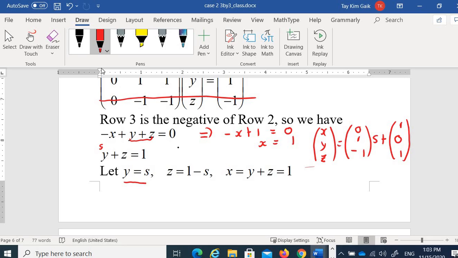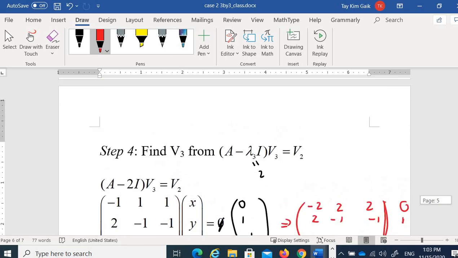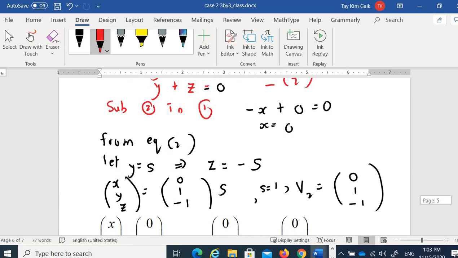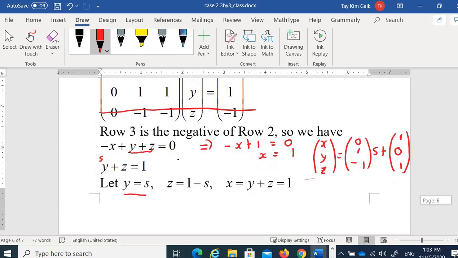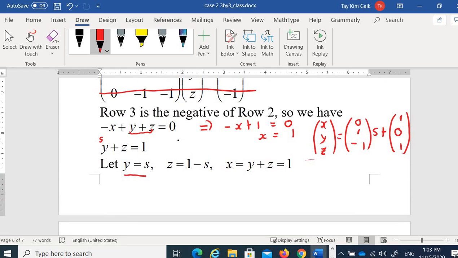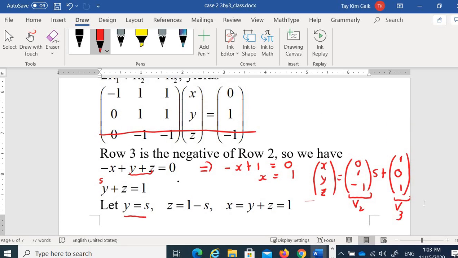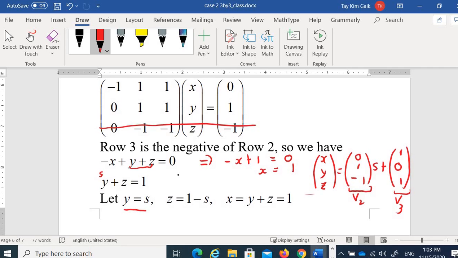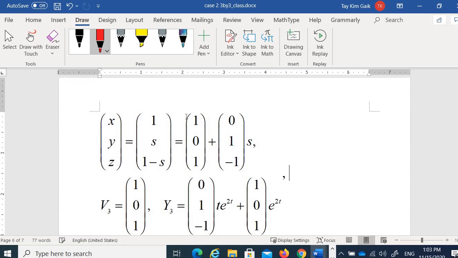And then you notice, if you follow the same assumption as with the repeated eigenvalue just now, where you let y equal to s, then the vector that depends on s is actually your v2. The new constant vector is your v3. This is your v2, and this is v3.